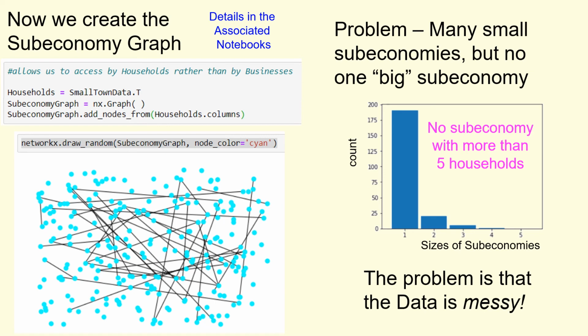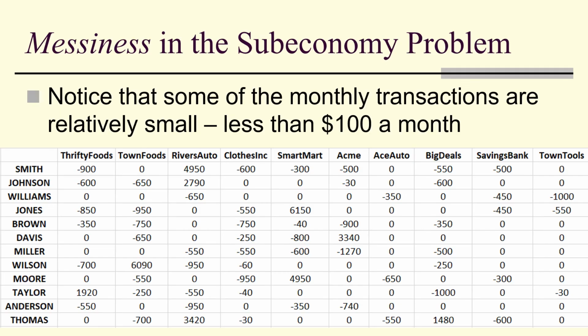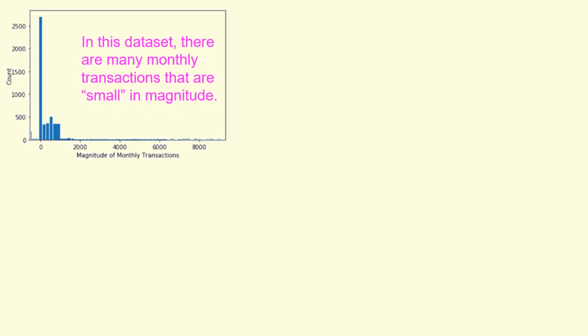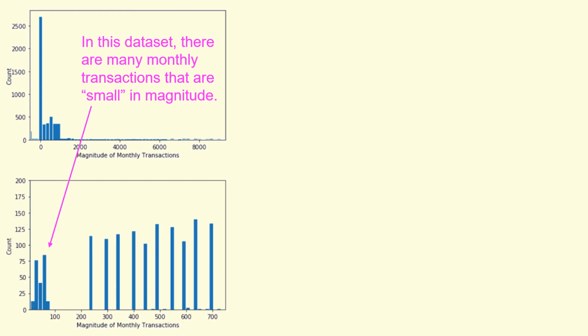The problem is that the data is messy. So let's look at the messiness in the data. There are a lot of monthly transactions that are small, less than $100 a month. And those small monthly transactions are what are keeping us from finding a single large subeconomy.